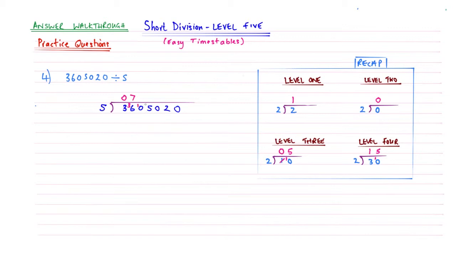Now 5's into 10, that goes twice, exactly, so there's no remainders or anything to carry. 5's into 5 go once, so that's a level 1 skill. 5's into 0, well, that goes 0, and that's a level 2 skill. 5's into 2, well, 5's too big, so that's going to be a 0, and that's a level 3 skill, so we're going to carry that 2. And then 5's into 20, well, that goes 4 times exactly. So the answer to that one is going to be 721,004. So that's that one done.